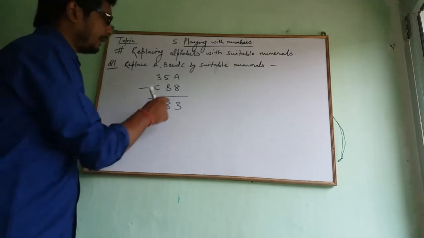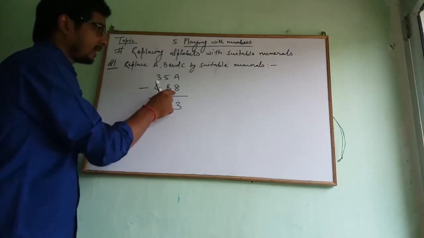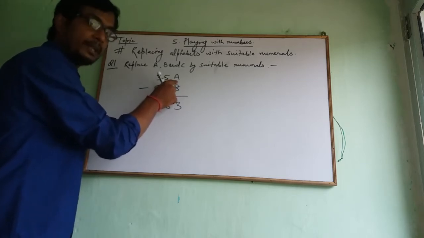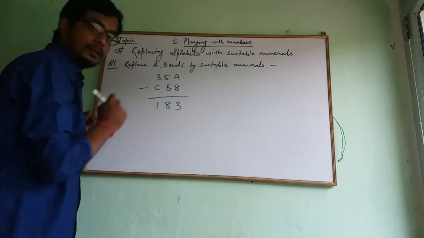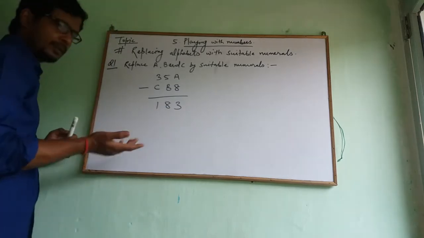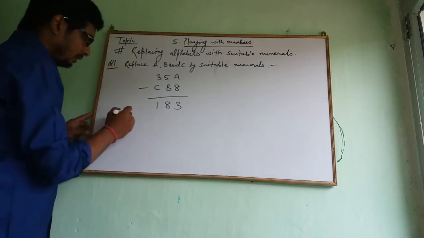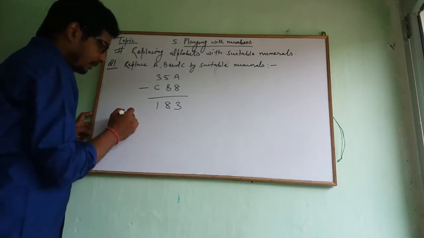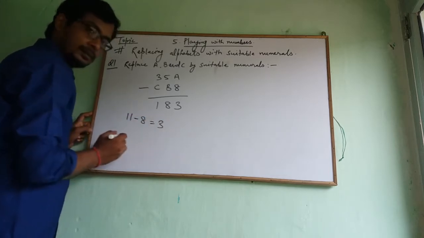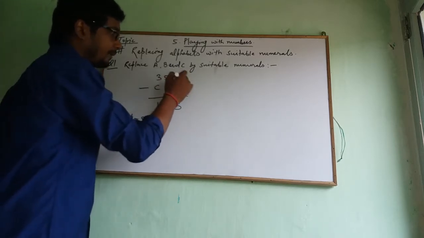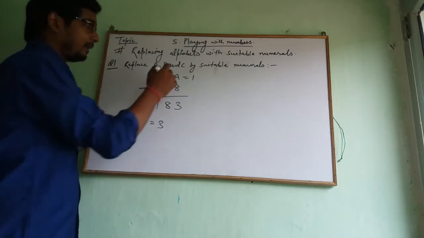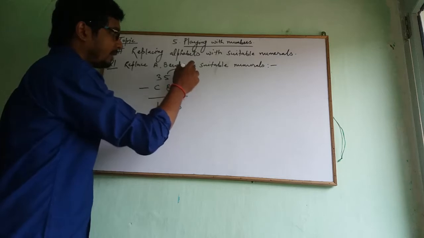Now you can see here that 8 is here. Now what must I put in place of A so that my result will be 3? What must be subtracted from 8 so that my result is 3? If I subtract 8 from 11, I will get 3. So in place of A, if I put 1, then I will carry forward 1 from here.